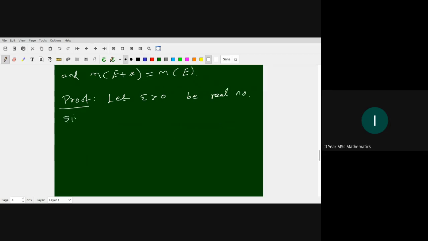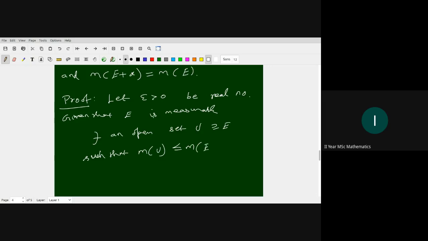Since E is measurable, there exists an open set U containing E such that the measure of U is less than or equal to the measure of E plus epsilon.